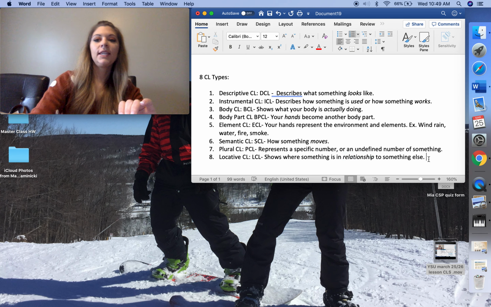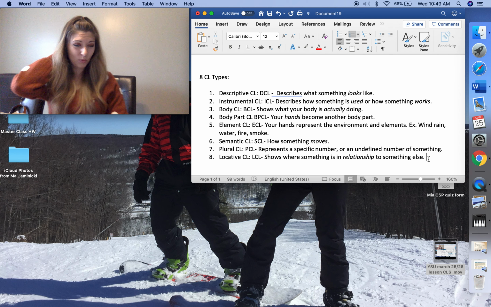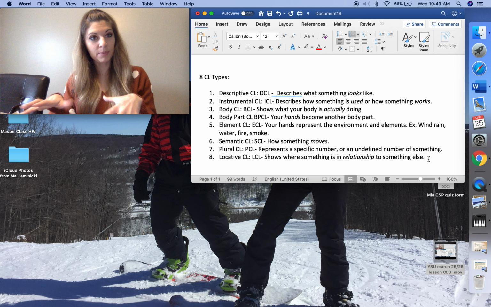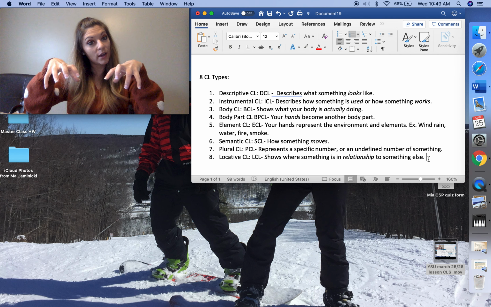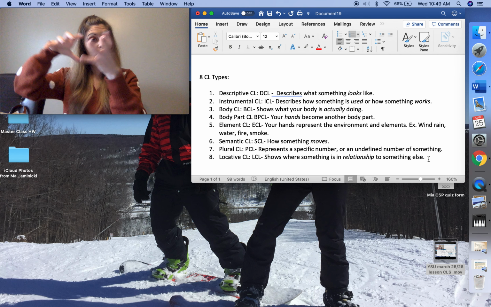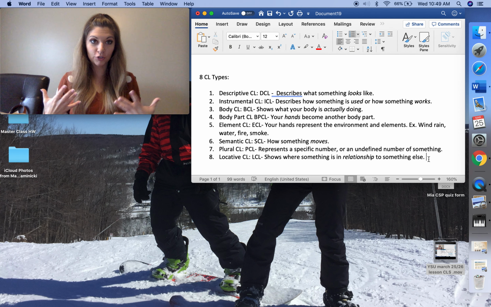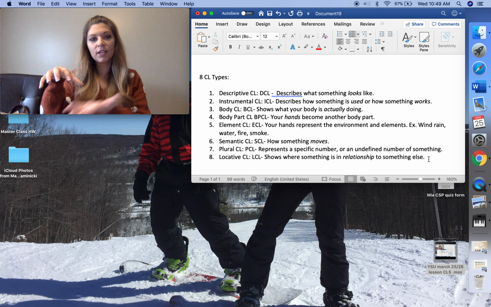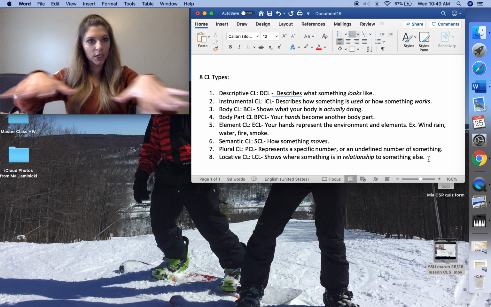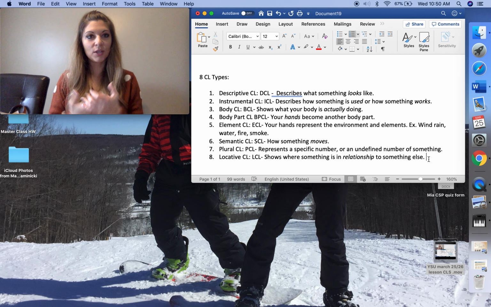So I can't show, like we were talking about when we were talking about the buildings on campus, and like the library's over here, and is it near or far, or what's it next to? We're using this claw hand shape, which is a classifier to represent something big, a big structure like a building. But I can't just say it's here. I have no relationship. I don't have a map created in front of me. So it has to be in relationship to something else. So you have to have at least two things.